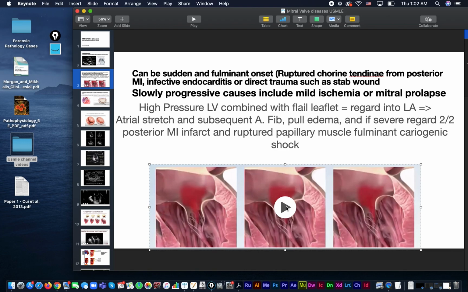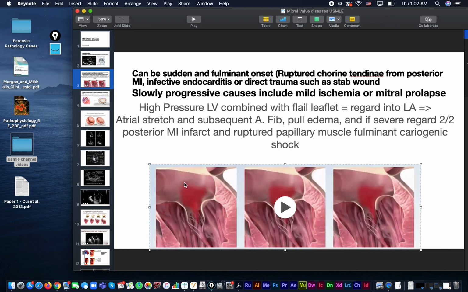And that's why I was saying there's no left atrial regurg, because the regurg occurs as a failure of the mitral valve, for instance, chordal prolapse. So the regurgitation is going into the left atrium.